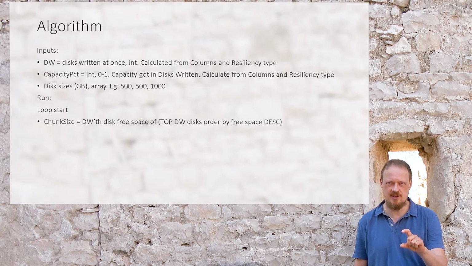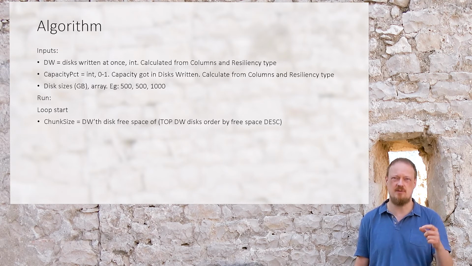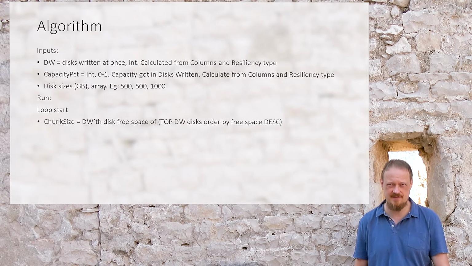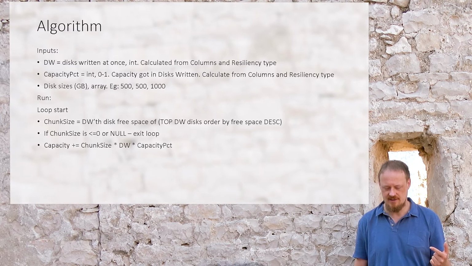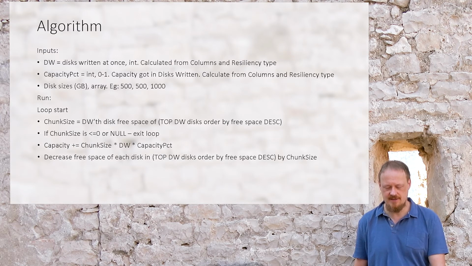And then you allocate 2 terabytes from that disk and the previous disks, so from the first 3 disks. And then you erase that free space, we allocated it, and then you repeat the loop. Capacity is actually that allocated chunk on the disk times number of disks times capacity percentage. And of course, if you cannot find any free space, then you exit the loop.